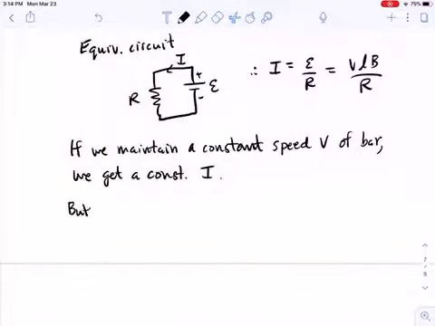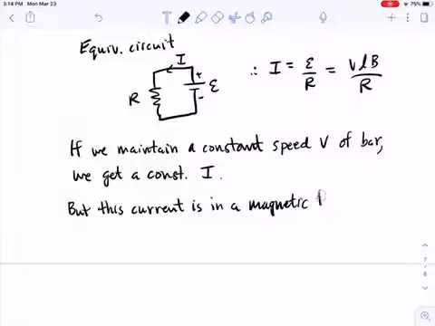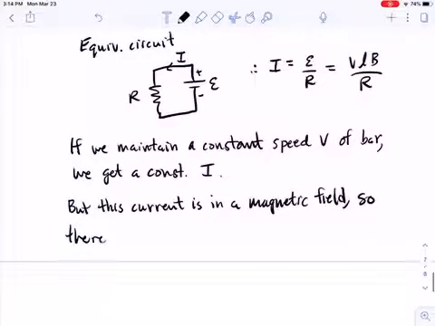But this current is in a magnetic field, so there is a magnetic force on the current.